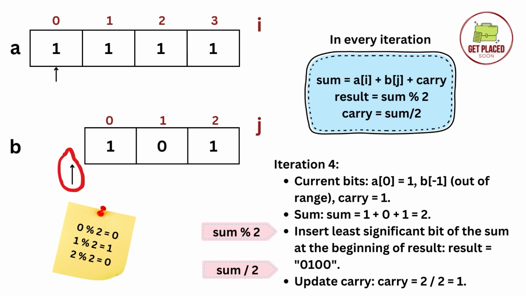The first step in iteration 4 is calculating sum. 1 plus 0 plus 1 is equal to 2. Now appending the LSB of the sum to the result. Sum modulo 2, 2 modulo 2 gives you 0. So append 0 to the left side of the result, and calculate carry for the next iteration. Carry is equal to sum divided by 2, 2 divided by 2 is equal to 1.